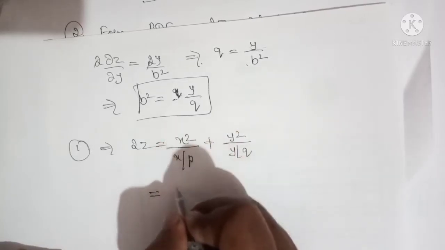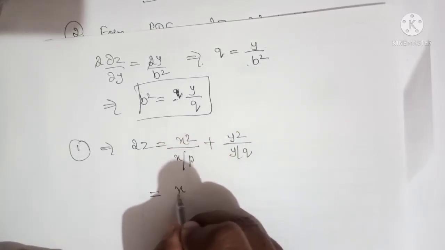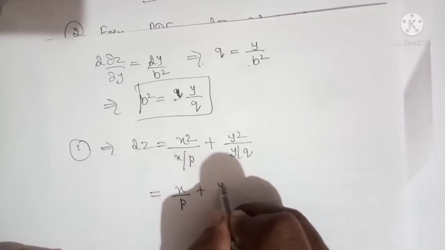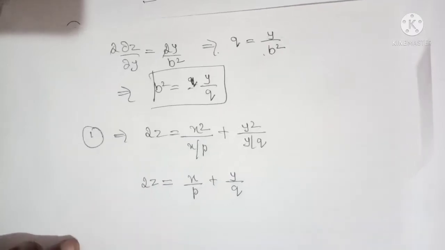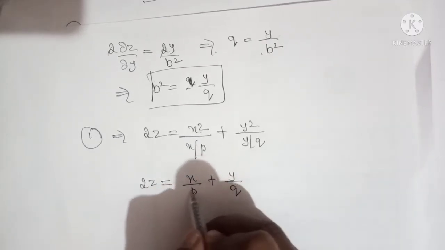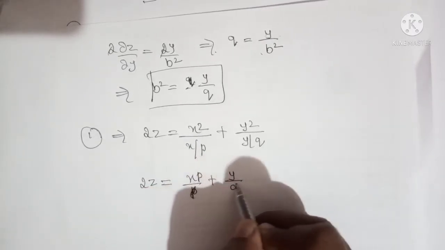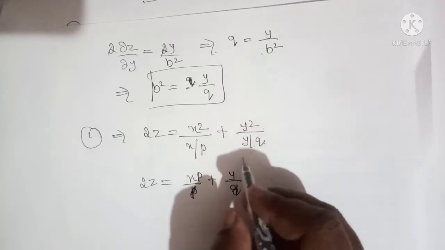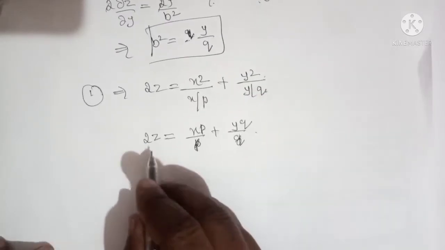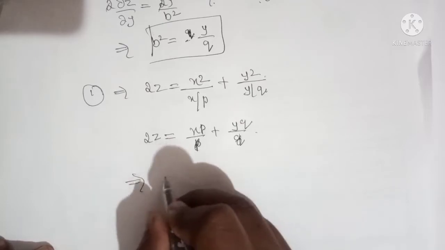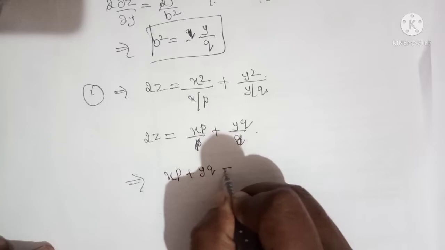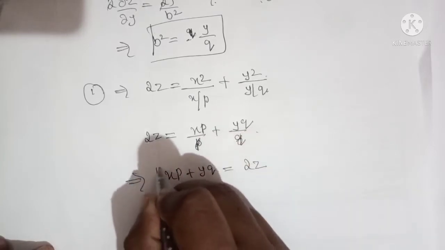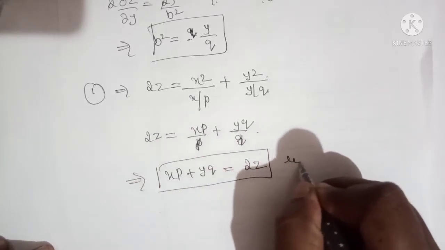Further simplifying, we get x gets cancelled, we get x divided by p plus y divided by q equals 2z. Sorry, here we get xp into yq. So 2z equals xp plus yq, or xp plus yq is equal to 2z. This is the required PDE.